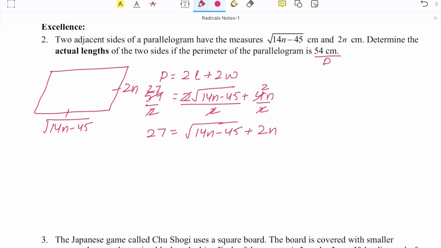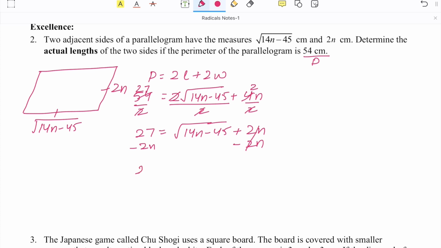When we did the previous lesson, you have to move everything and isolate the radical. That's what we'll be doing. Subtract 2n on both sides. 2n minus 2n is 0. 27 minus 2n is equal to √(14n − 45). Square both sides.